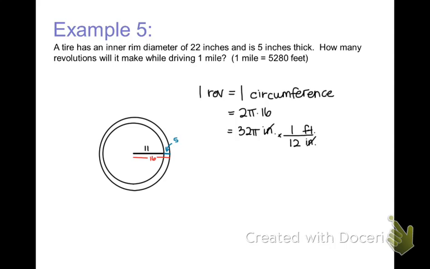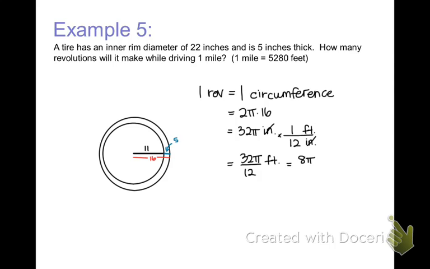Okay, so that means that currently I have a circumference that is 32 pi over 12 feet. But I can simplify that. What number divides both 32 and 12? Bigger than 2? 4. So 32 divided by 4 is 8.